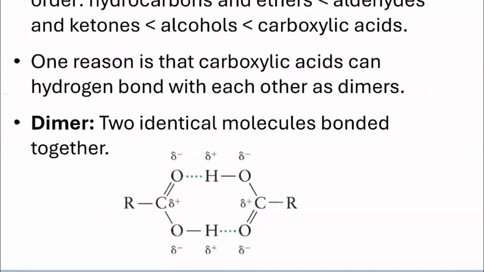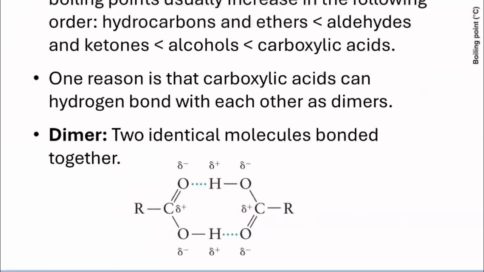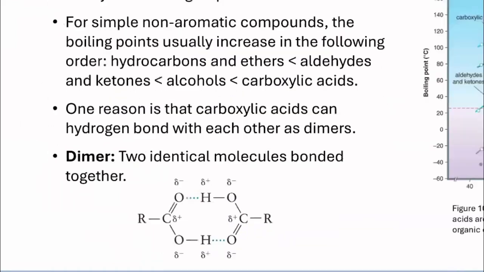Dimer means that two molecules, di means two, are bonded together. Since carboxylic acids can hydrogen bond to themselves, that's why we observe the properties that we observe when it comes to the boiling points.